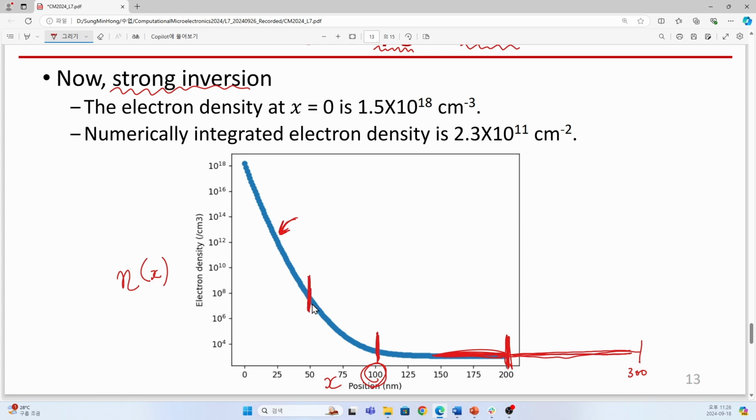Even more, if we reduce to 50 nanometers, there will be even more influence on your numerical solution. So the rule of thumb is you have to introduce a wide enough or large enough simulation domain to keep the correct physical solution.